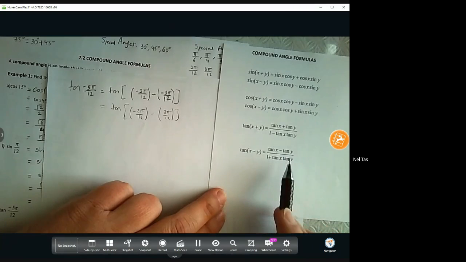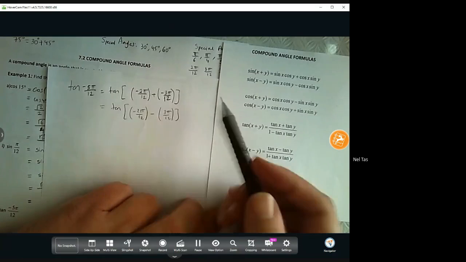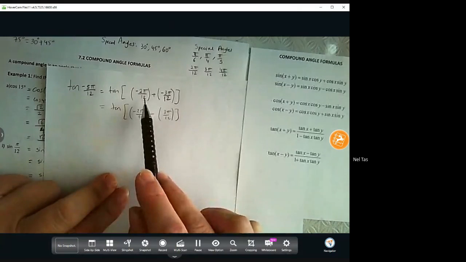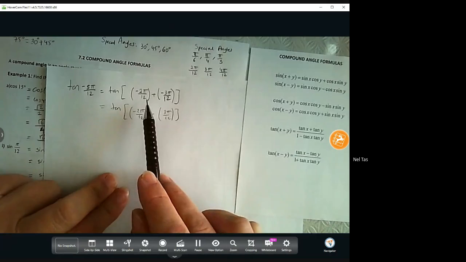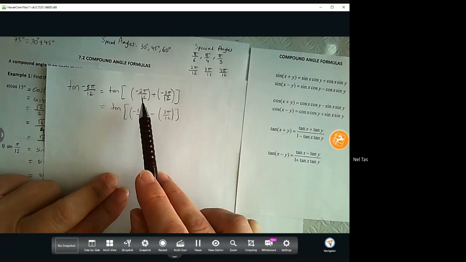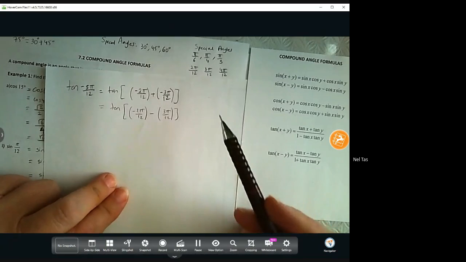But you should be getting the same answer at the end. But when you are doing this, as you see, you have to deal with the negative angles. Then you have to sketch where the location, you have to find the quadrant, and you have to find the sign of the ratio based on that.